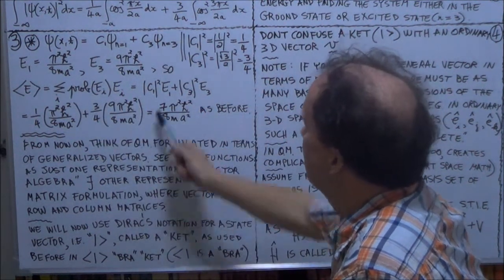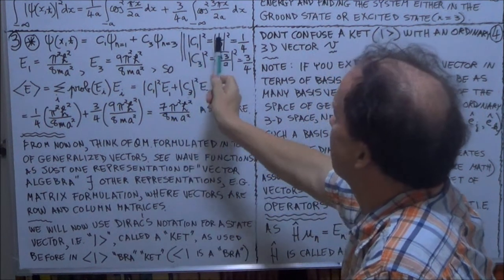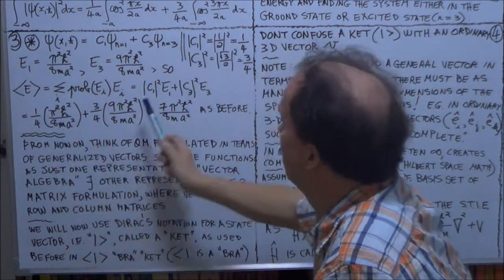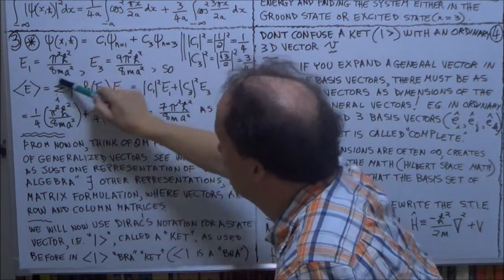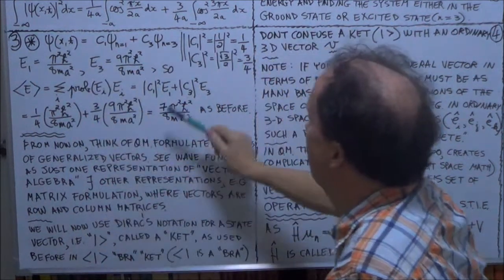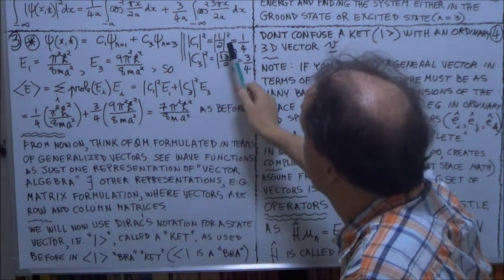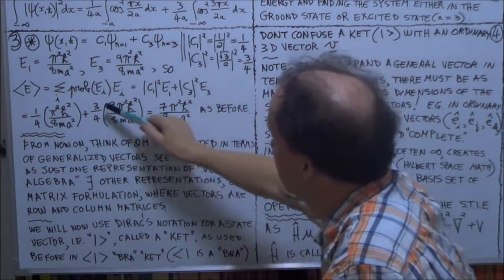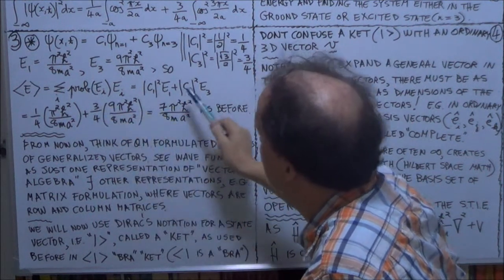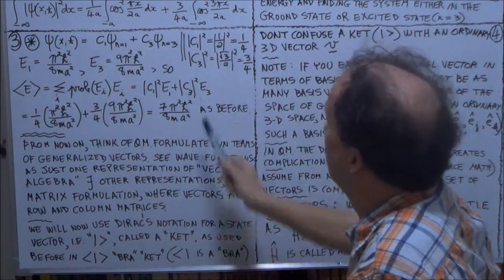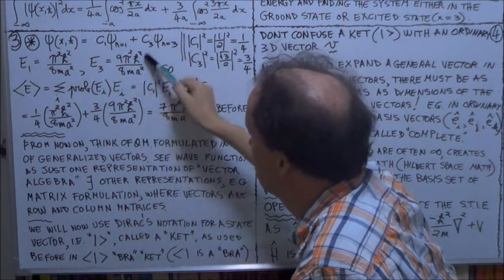So what is C1 squared? It's just a half squared, so that's a quarter. And the energy E1 you've got here, so just plug in this value. C3 squared is root 3 over 2 squared, which is 3/4, and the value E3 is just this, so plug that in.